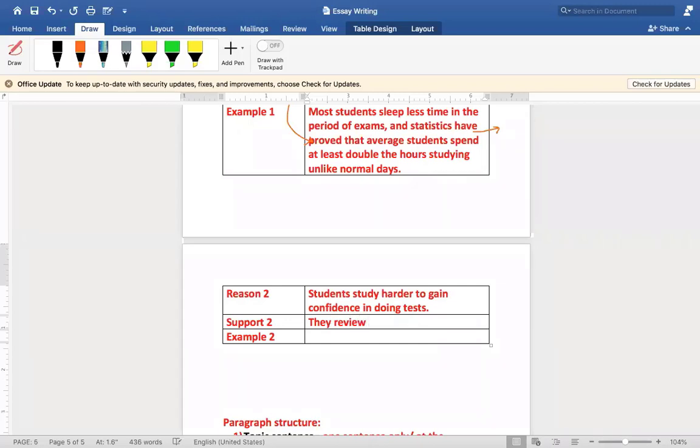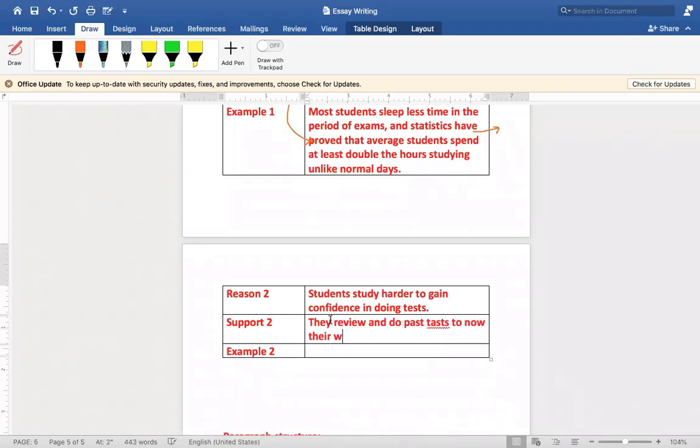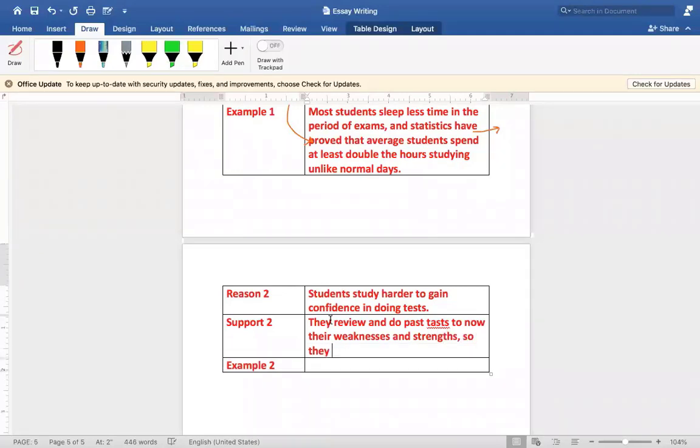Review and do past tests to know their weaknesses and strengths, and gain confidence. Not forget the study. They spend much time studying than other days, than normal days.